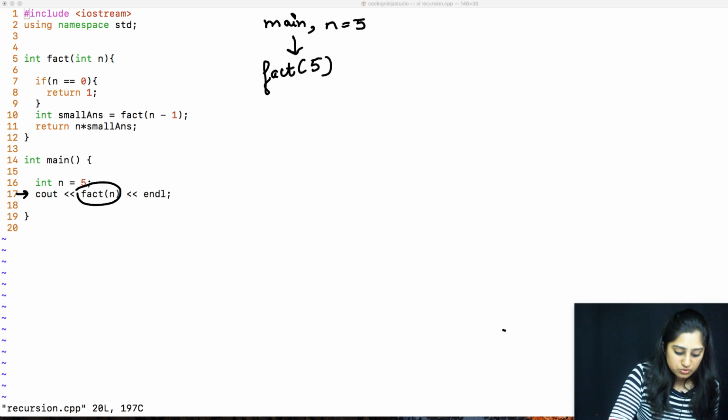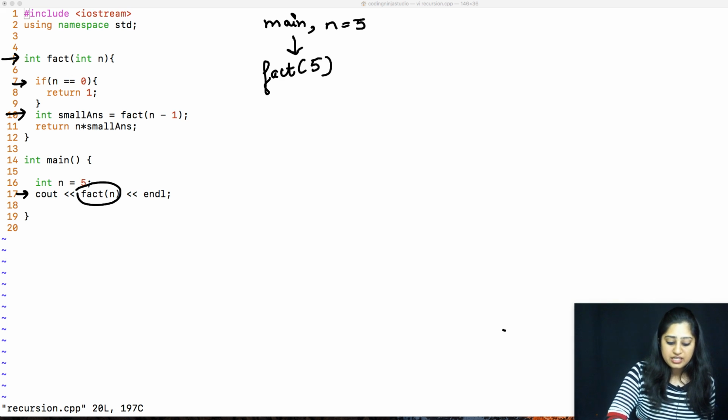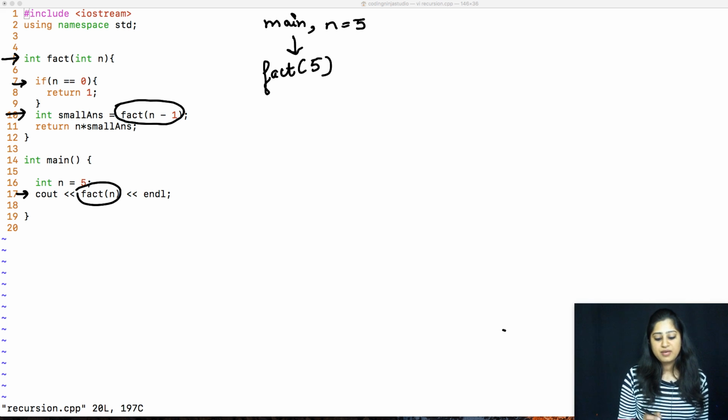Let's get into this function call at line number 5. Inside the function we'll move to line number 7 and check if n is equal to 0. So is 5 equal to 0? No. If it is not, I'll move to line number 10, and at line number 10 I need to have the answer of factorial n minus 1.